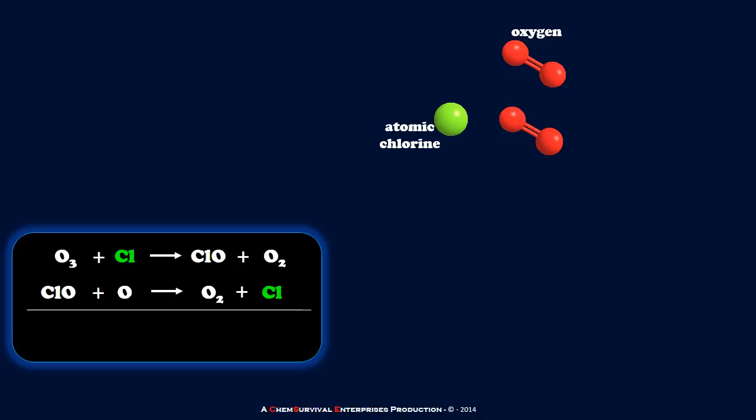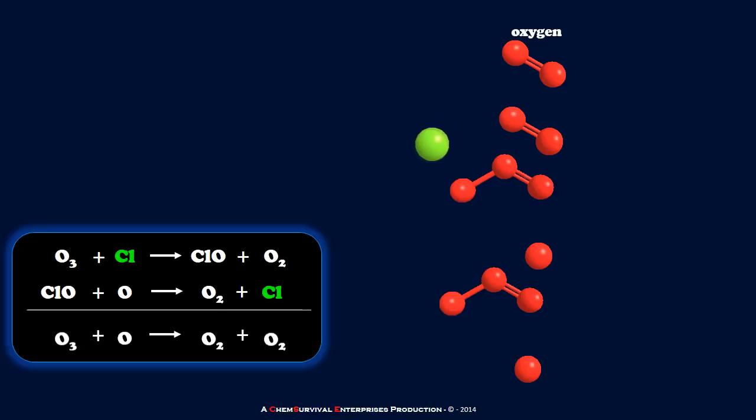And this is our definition of a catalyst. So the chlorine catalyzes the decomposition of ozone into O2. And one chlorine atom can do this to tens or hundreds of thousands of molecules of ozone. And that is the real danger with using CFCs, that just a small amount can provide the catalyst needed to decimate the ozone layer. That's the bad news, folks.